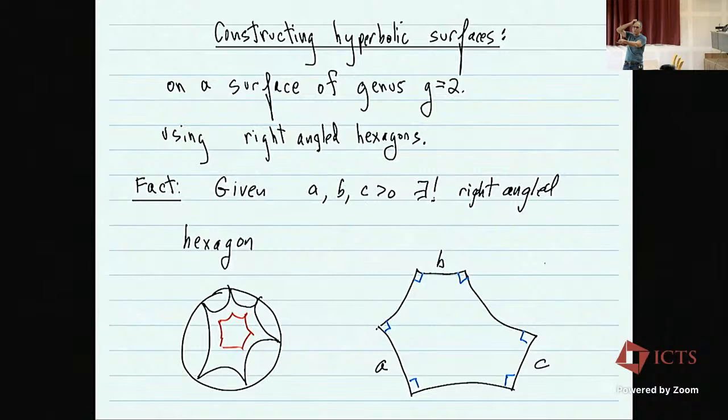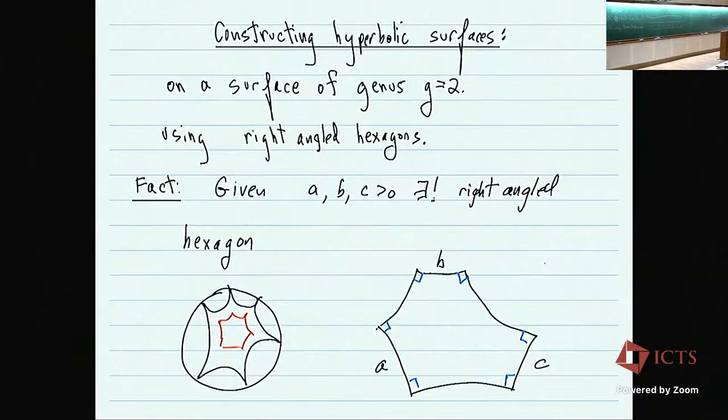Out here the angle is 0, and this angle is changing continuously. So somewhere in there, there's going to be an angle pi over 2, and there's your argument for why there exists a right-angled hexagon. And this is a stronger statement. Given any 3 numbers, they could be the alternating sides of a right-angled hexagon.